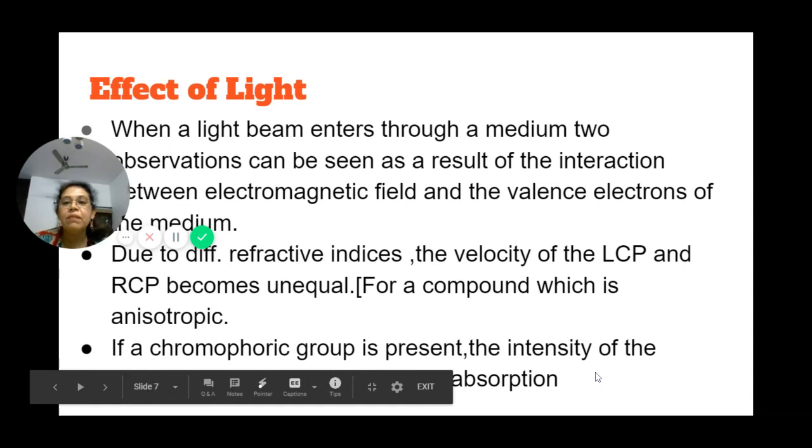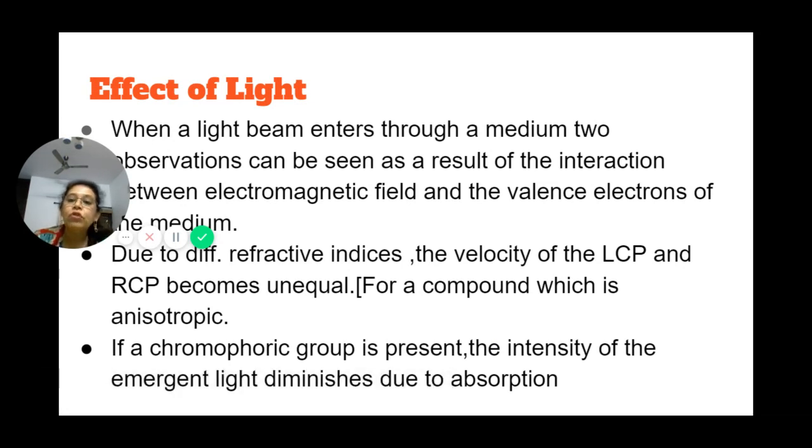Now let us look at effect of light. जब किसी भी मटेरियल पे या मॉलिक्यूल पे लाइट पड़ती है, तो क्या फर्क पड़ता है वो देख रहे हैं हम. When a light beam enters through a medium, two observations can be seen as a result of the interaction between the electromagnetic field and the valence electrons of the medium. मीडियम में इलेक्ट्रॉन्स हैं और हम लाइट फेंक रहे हैं, which is an electromagnetic radiation. सो उन दोनों के इंटरैक्शन से दो चीजें हो सकती हैं. एक तो ये हो सकता है कि हमारा कंपाउंड एनिसोट्रोपिक है, और अगर एनिसोट्रोपिक है तो उसका लेफ्ट सर्कुलरली पोलराइज लाइट एंड राइट सर्कुलरली पोलराइज लाइट के लिए रिफ्रैक्टिव इंडेक्स अलग होगा.